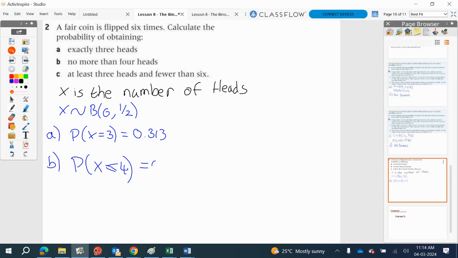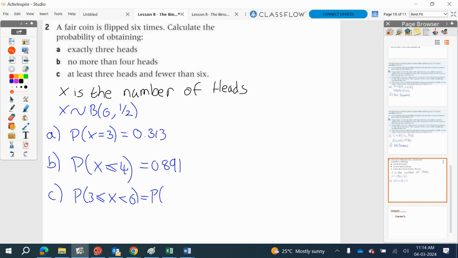That's right, 0.891. And C, at least 3 heads and fewer than 6. So this time we want the probability that it is between 3 and 6 like this.